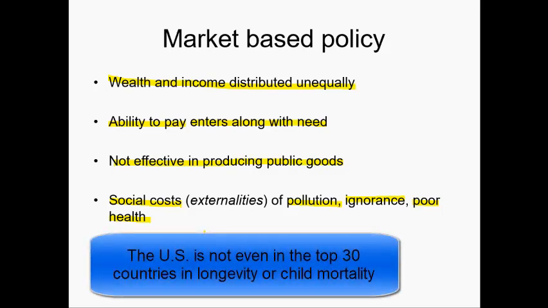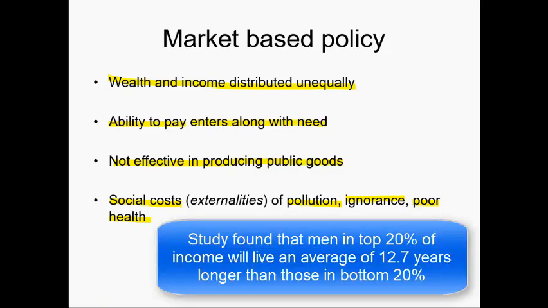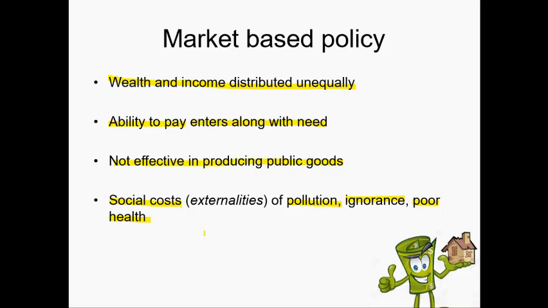We've already talked about how the United States is comparing in some of these things, and so therefore we've got some externalities there of market-based policy that would have to be considered.